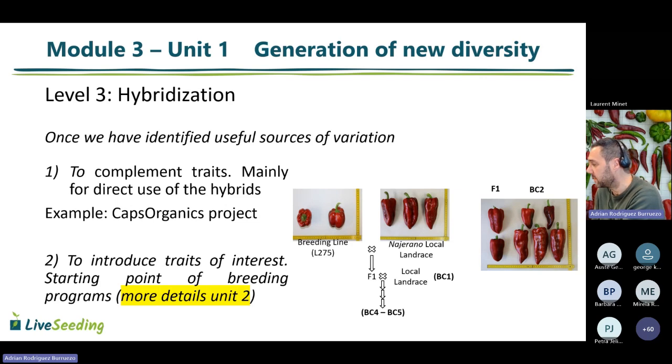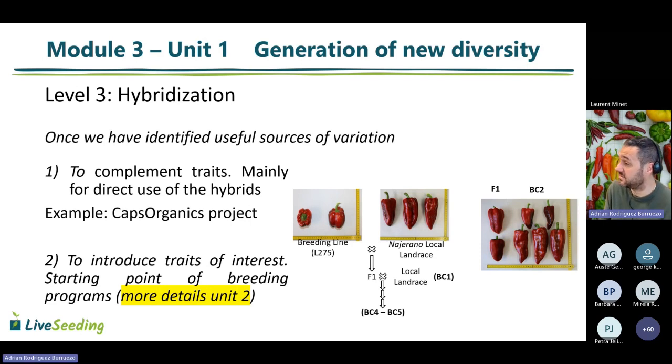But the second branch of our breeding activities is performing the backcrossing program. In parallel to the direct evaluation of the F1 for marketing purposes, we are performing several backcrosses to the local landrace in order to get, by about the fourth or fifth backcross generation, a new version of the local landrace, in this case the Najerano pepper, but carrying the resistances.